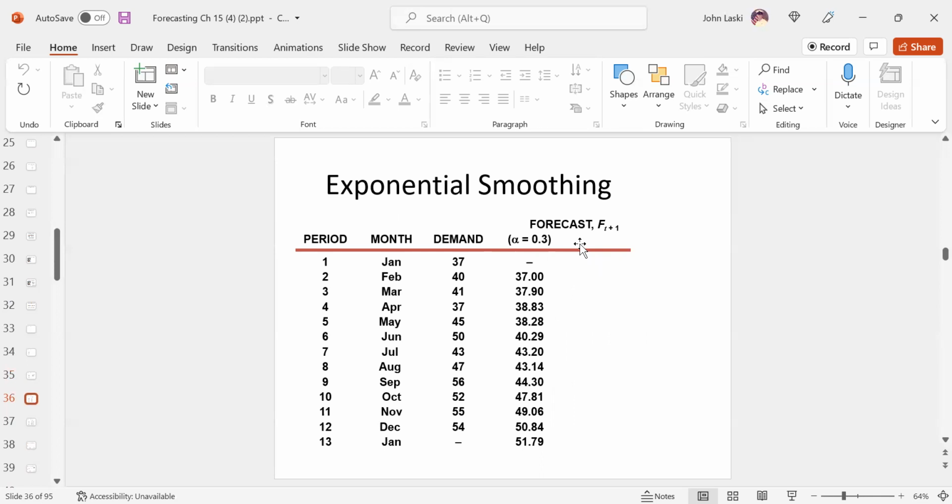This is where some of the underlying theories come into play, and for this course it's not essential we understand all of that, other than we need to be able to manipulate the data here. But if we were to equally weight, it's 50% times the current demand, 50% times the current forecast.